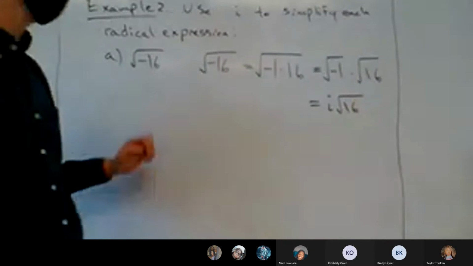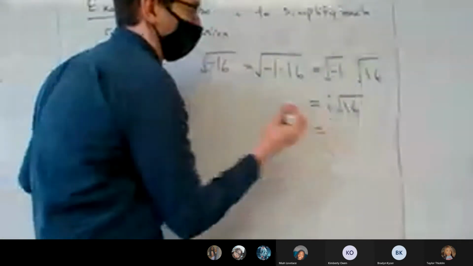And now remember that the square root of negative 1 under a radical, the definition of it, is i. So you just stuff the i out to the left of the radical, and then you deal with the square root part.